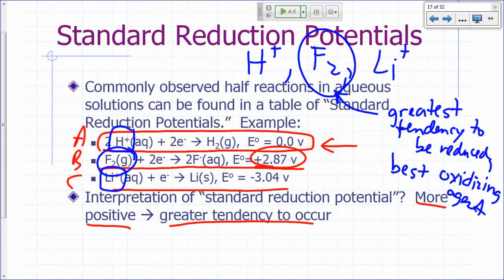When you say reducing agent, you're talking about something that's getting oxidized. Since these are all written as reductions, you're comparing the ones on the left. Among the reactants shown here, H plus, F2, and lithium plus, F2 has the greatest tendency to get reduced. So it's the best oxidizing agent among these three.